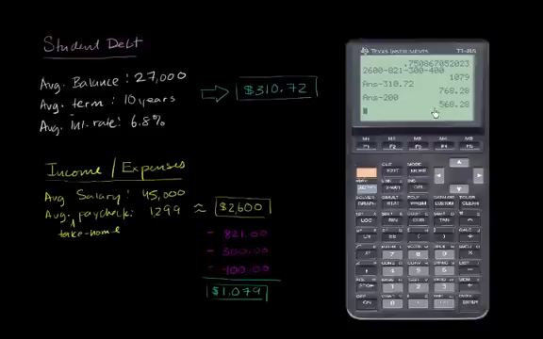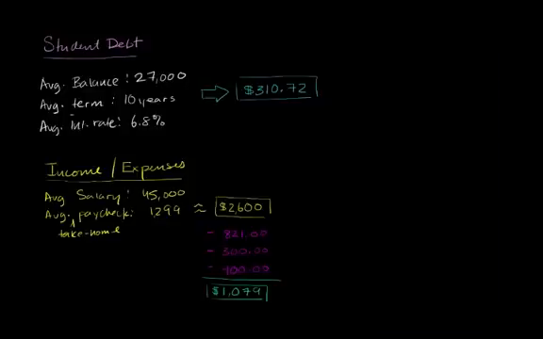Now, what I want to keep in mind is this is given these assumptions. So now let's stretch these assumptions a little bit. For example, if instead of your student loan balance being $27,000, your student loan balance is, say, 4 times that, $108,000, now all of a sudden, this $310 is going to be 4 times as high as well.